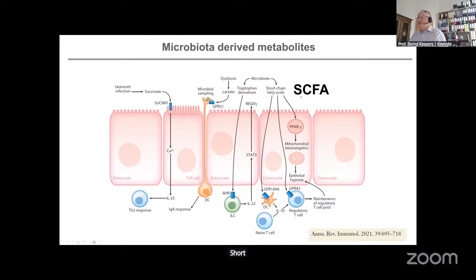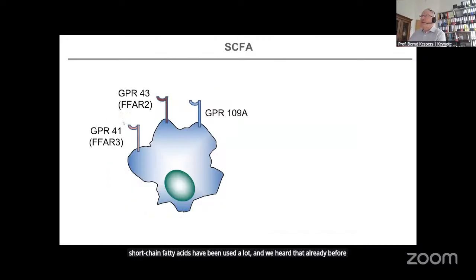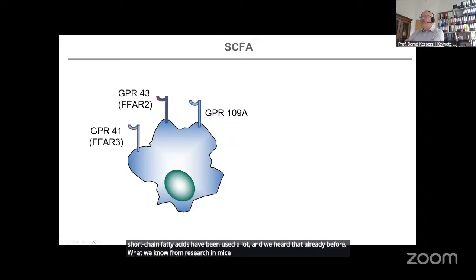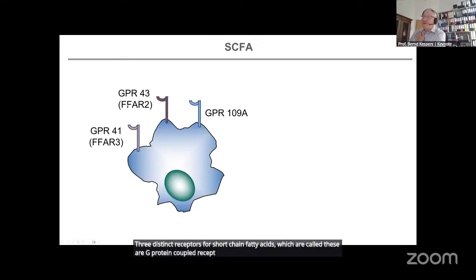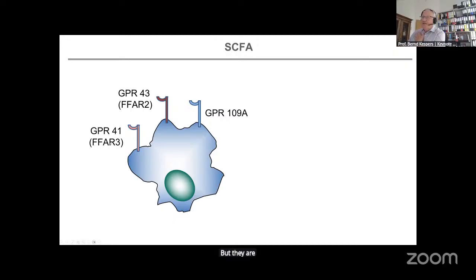Short chain fatty acids have been used a lot, and we heard that already before. What we know from research in mice is that macrophages have 3 distinct receptors for short chain fatty acids. These are G protein coupled receptors, and they have numbers, but they are also called free fatty acid receptors 1, 2, 3.